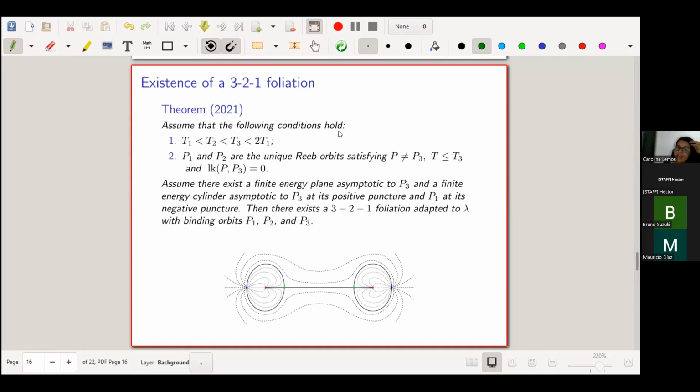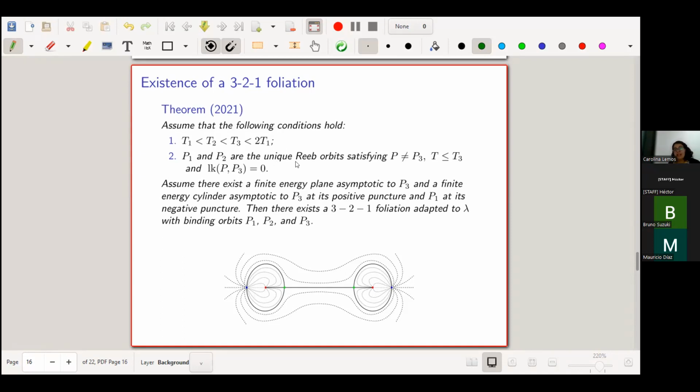So it is, let's say, way harder to deal with degenerate contact forms. So we have to be more restrictive with the hypothesis. We have to assume that the periods of these special orbits are close to each other, in the sense that this is already necessary. So T1 is smaller than T2, that is smaller than T3, but we also have to ask that T3 is smaller than T1 times some constant.